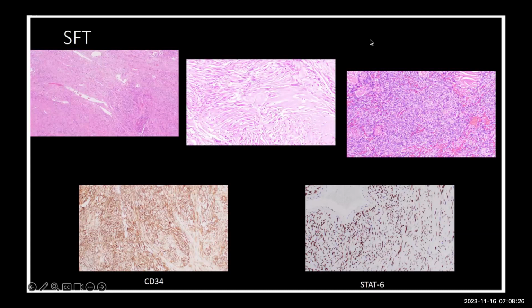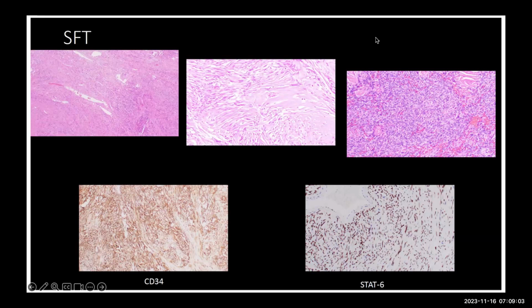At the lower half of the picture, I show you typical immunohistochemistry for this tumor. On the left, there is CD34, which is a very sensitive marker for this tumor, but the specific diagnosis comes from NAB2-STAT6 fusion detection, which is done by immunohistochemistry for STAT6, which is nuclear positive in 100% of the cells here.